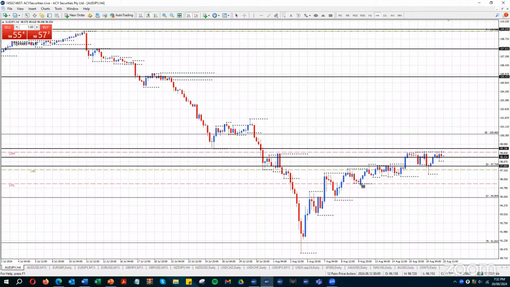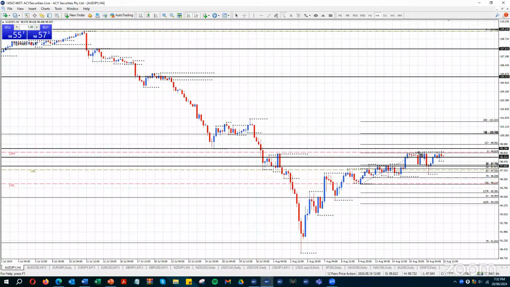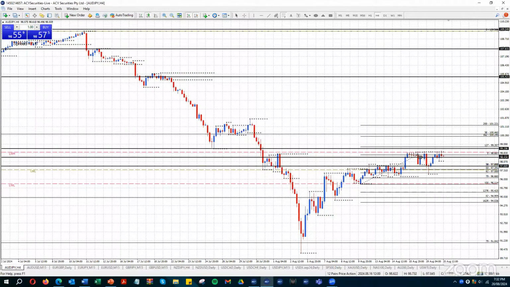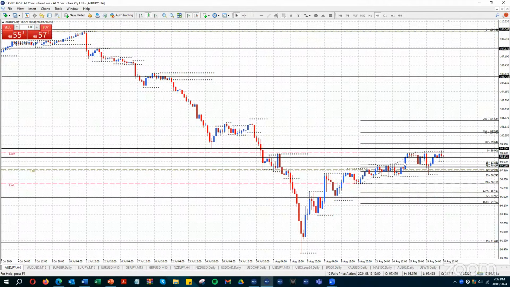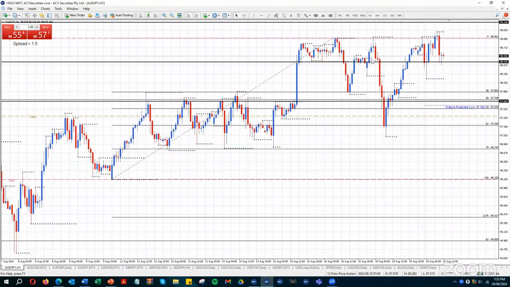For our range, last week's weekly range, which is on the 4-hour chart here, it went up to there. We are struggling at last week's high at the moment, but on the 1-hour chart, this was a dip down yesterday into the 62 to 79% zone.